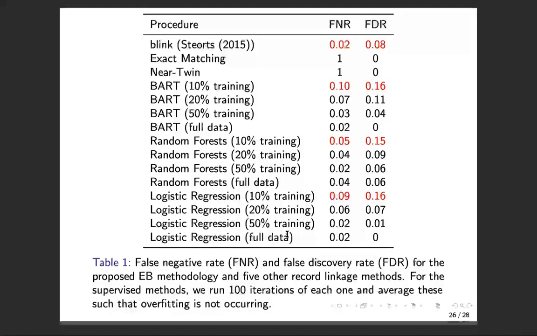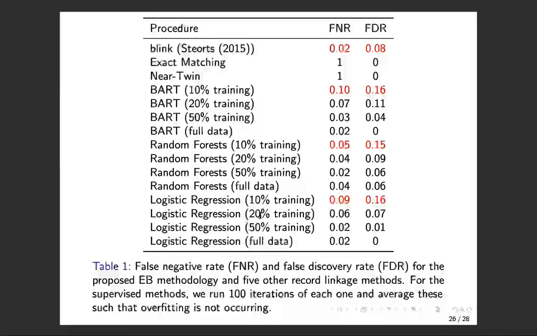Starting down here with logistic regression, I have 10% training data, 20%, 50%, and the full data. You can see that as you give it different percentages of training data, from more to less, things change quite dramatically. This happens as well with random forests and also with BART.